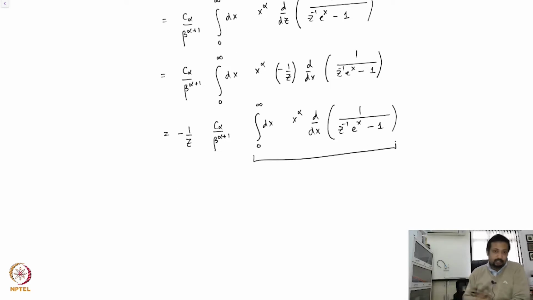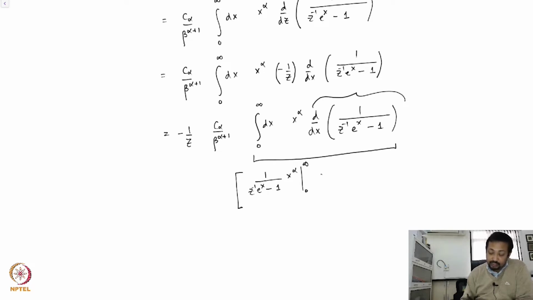We have done it several times in the past, and the trick is to integrate by parts, taking this as the first function. If I take this as the first function, then it follows that I have 1 over z inverse e to the power x minus 1, x to the power alpha, 0 to infinity, minus 0 to infinity dx.